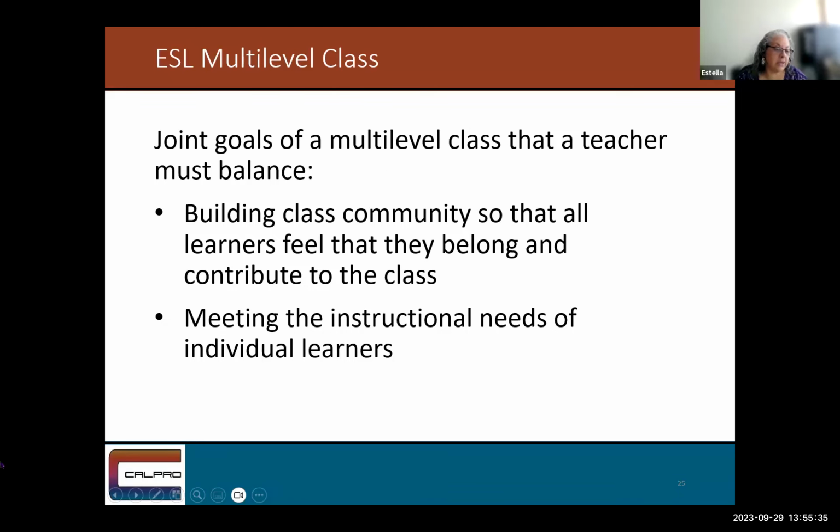Tell me about some grouping strategies that you've seen work for these two goals. If you can, just pop a 1 or 2 into the chat. So what group activities have you seen that help meet these goals of building class community and meeting the instructional needs of individual learners?